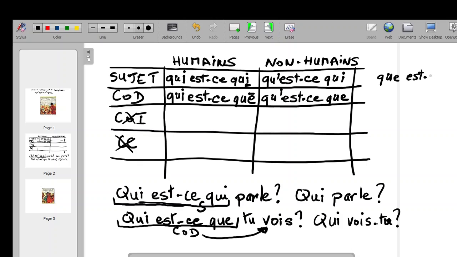So que est, but the E is removed and you put an apostrophe because this is a vowel here. Okay, so it's called elision in French. When you lose that E. So qu'est-ce que. So in our case we're going to look into this one. That's what happens in our case. Qu'est-ce que. So let's go back to that cartoon.